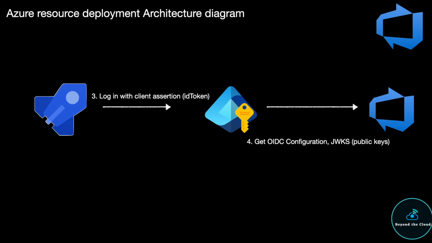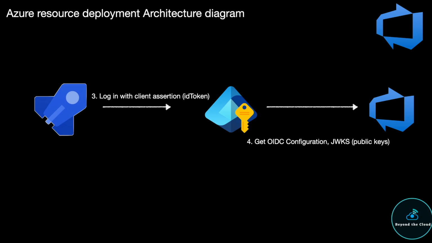From the Azure portal. In the Azure portal, you can give the token or JWK's token public key to your service connection in two or three ways. One is certificate, second is client ID and client secret, and third is OIDC. How? By registering an app.